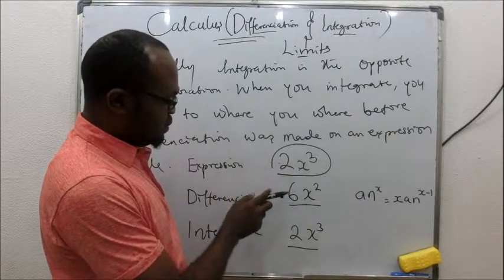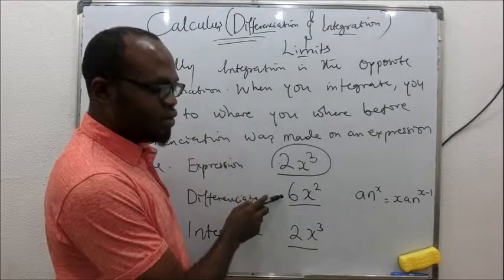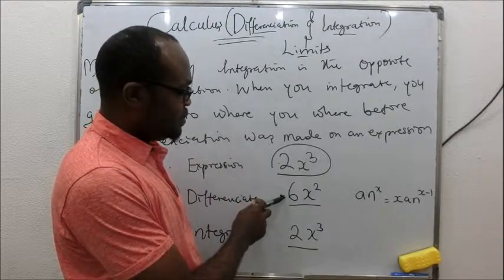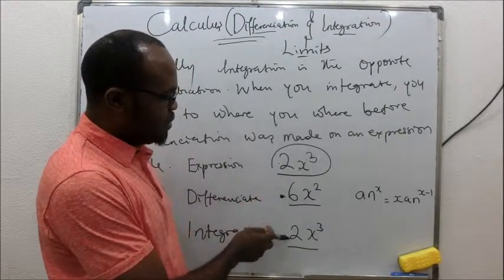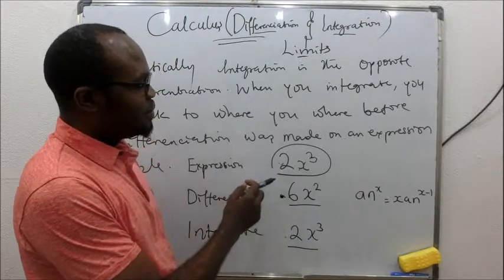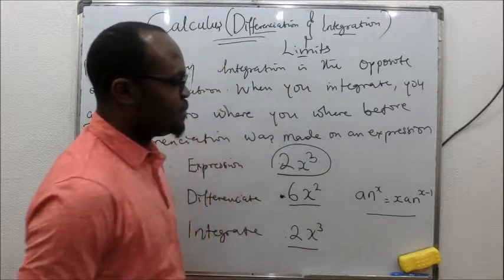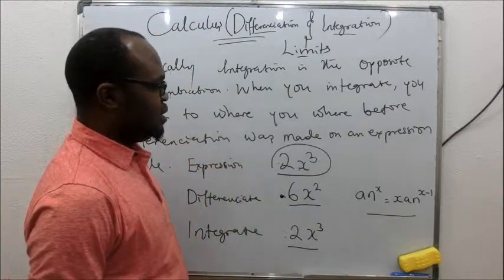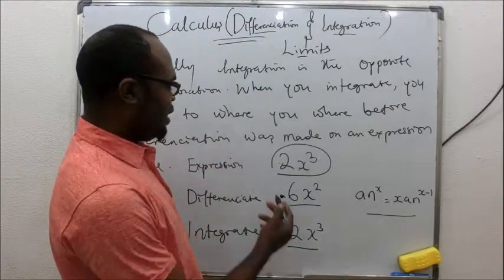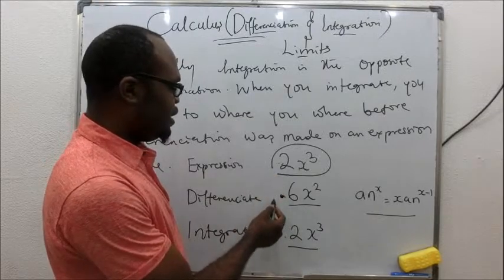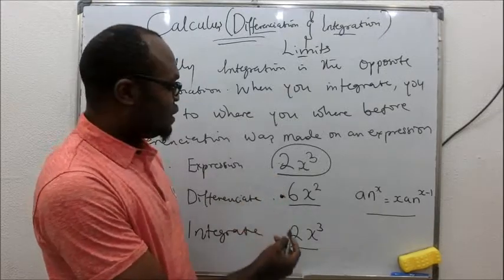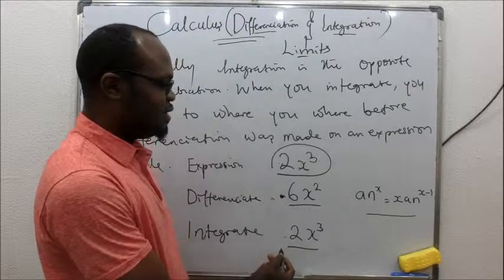So when you differentiate an expression, you have a different expression. But when you integrate, you get back to where you started from. You can differentiate using this formula. So in subsequent classes, we are going to be learning how we arrive at getting from here to here, differentiating, and also getting from here to here, integrating.